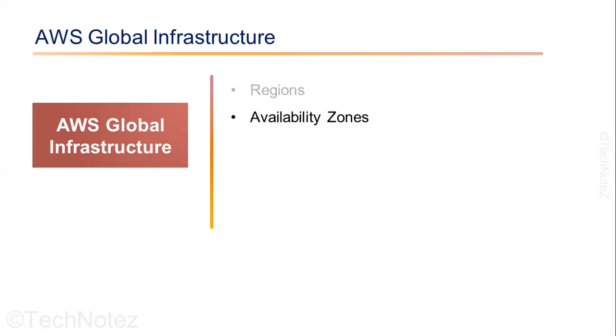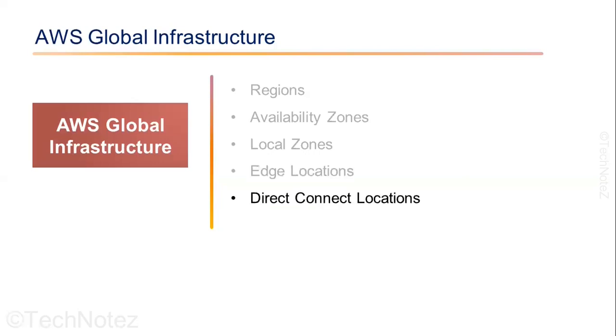Within a region, we have availability zones, and each availability zone contains multiple data centers for high availability. Local zones bring the cloud closer to users and provide low latency access to AWS services. Edge locations are used to deliver content with better performance to end users and act as a content delivery network. Direct Connect locations are physical locations where a customer can establish a dedicated connection to AWS to access cloud resources.